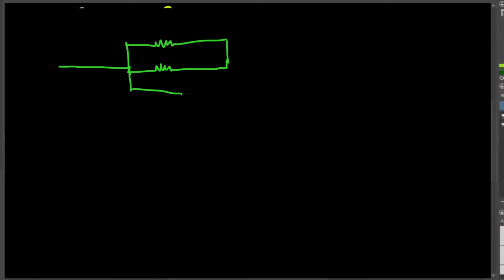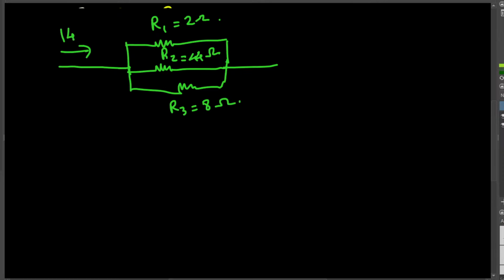Okay, let's say we have R1 equal to 2 ohm, R2 equal to 4 ohm, and then R3 equal to 8 ohm. Let's say we have the current passing through this, 14 ampere, and we want to find out the current entering through R1, R2, and R3. Okay, this is the 4 ohm resistor.